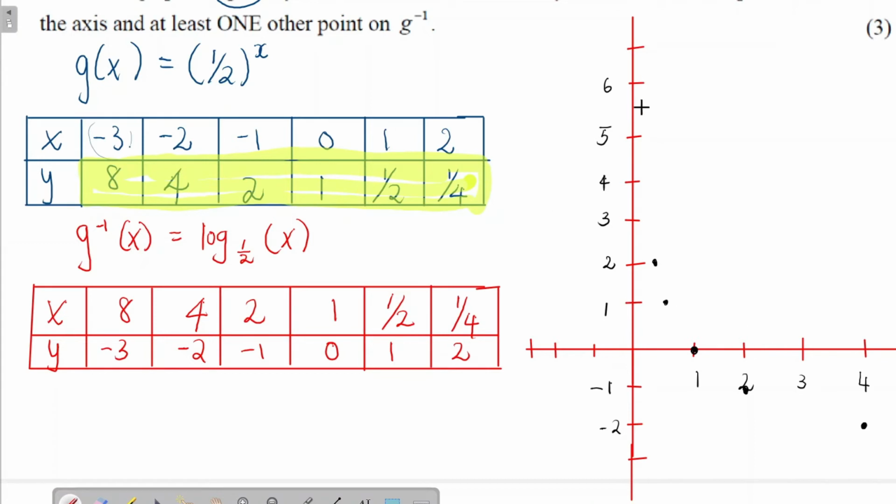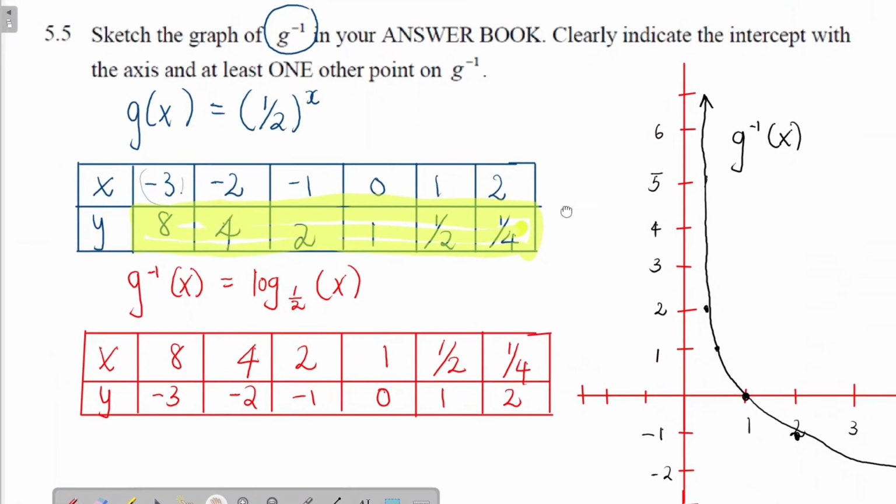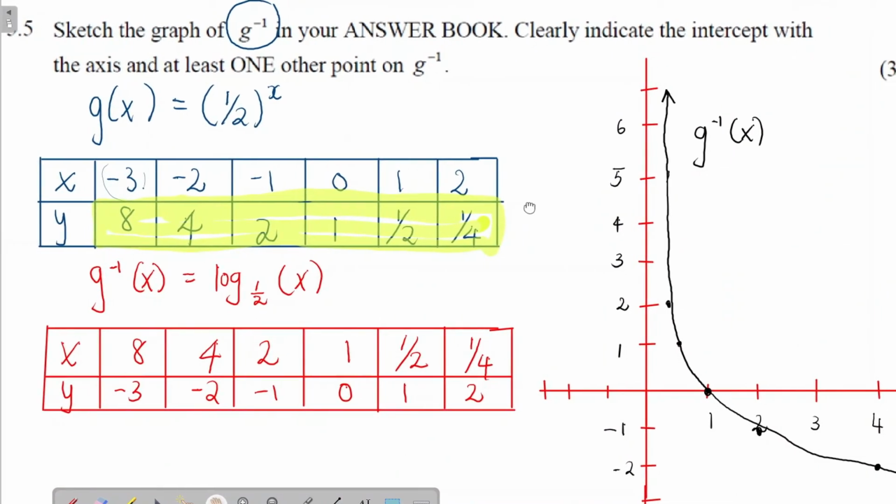So guys, this is basically how this inverse function is going to look. It looks something like this. Okay, and this is our inverse function, so that is our g inverse of x. We have basically drawn our inverse function, guys. We are happy, right? And that is how it basically looks.